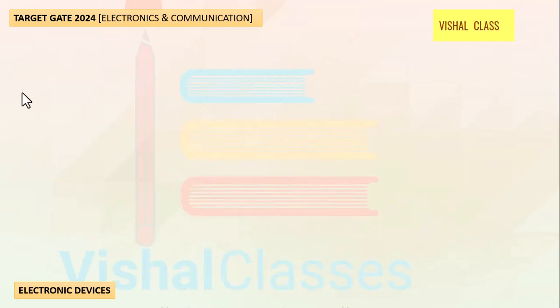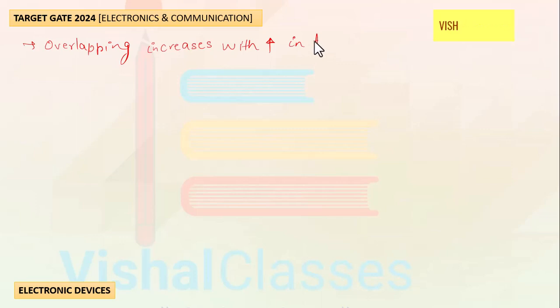One more point. Overlapping increases with increase in temperature. If you increase temperature, then overlapping will increase.